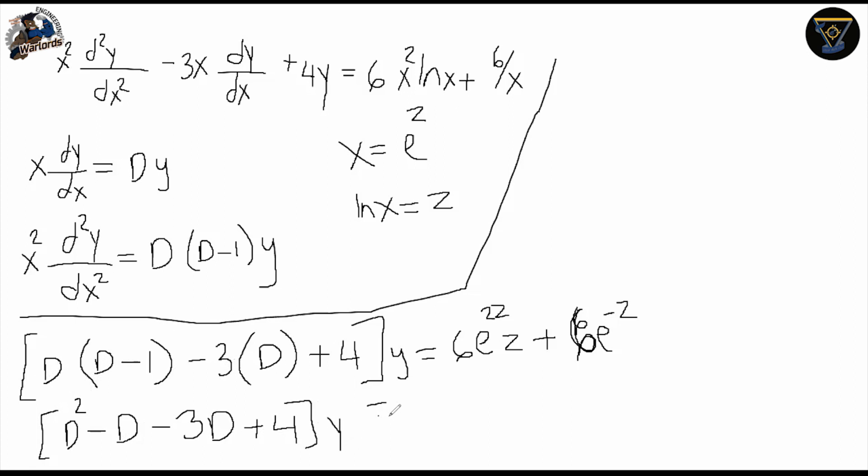And this is going to be equal to 6e to the 2z multiplied by z, plus 6e to the minus z. So we're just going to break this down. So the next one is going to be D squared minus 4D plus 4.